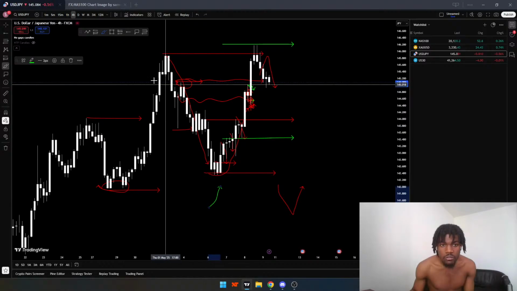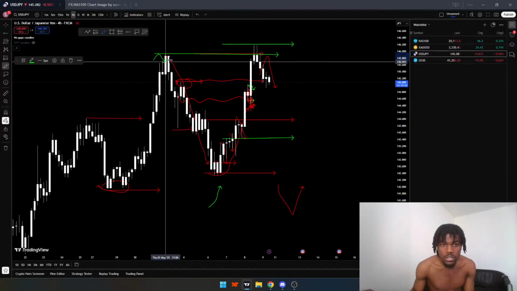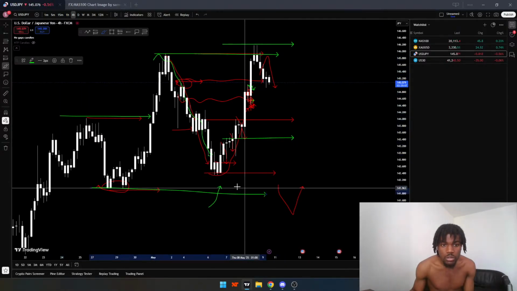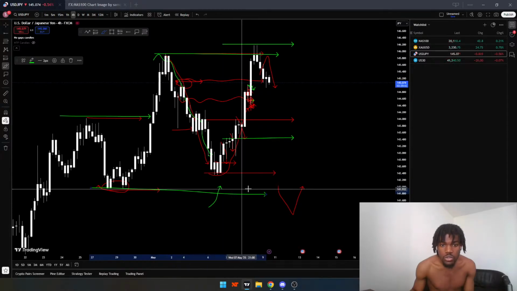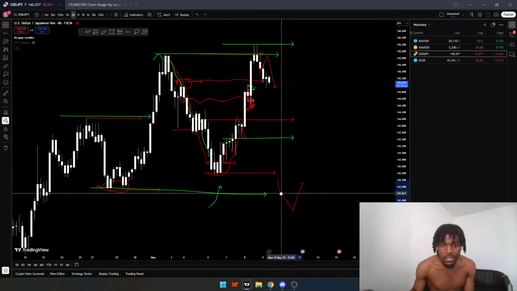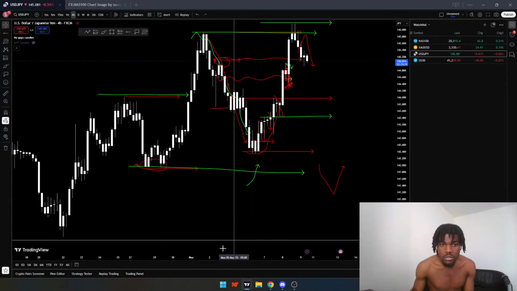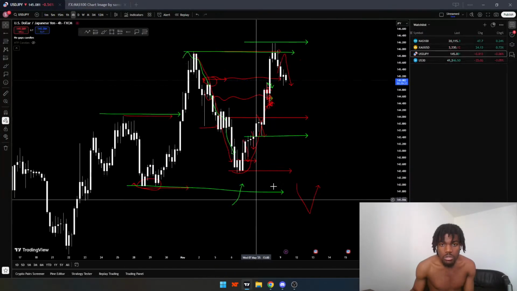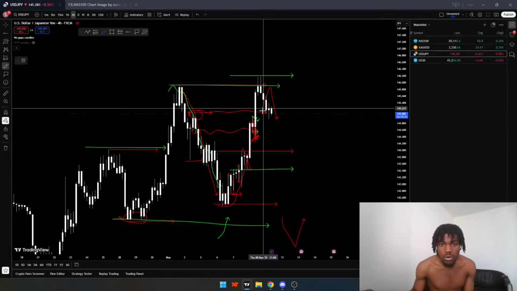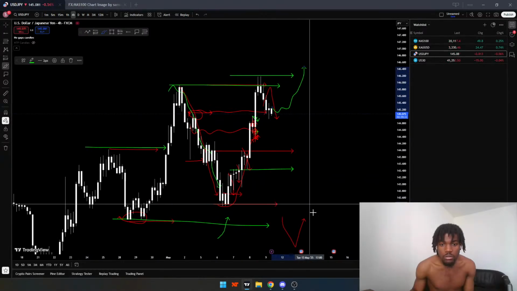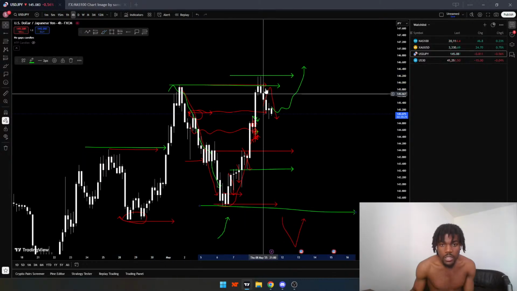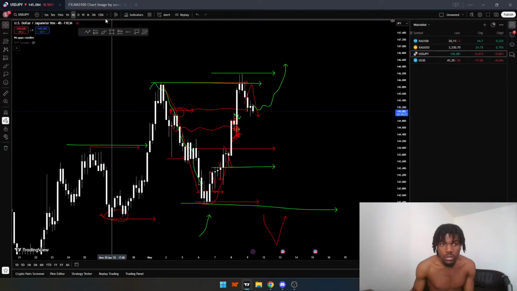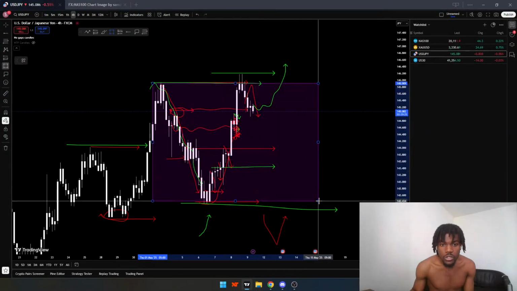So this low is not valid until we see a closure against this pullback down this range. This low is currently weak, so we know that this idea can still happen. Or we could get a closure and then we see a new valid low, a new range for us to move back inside.